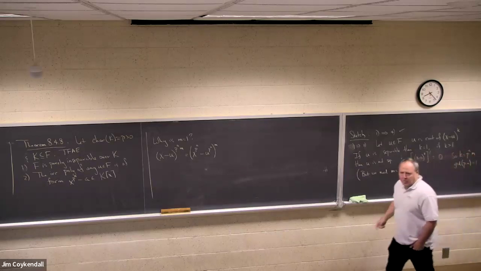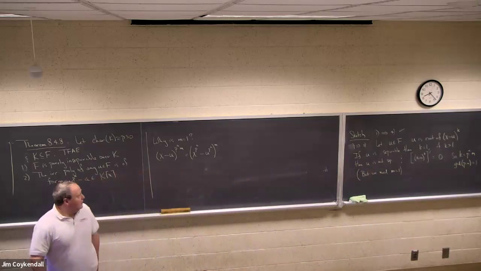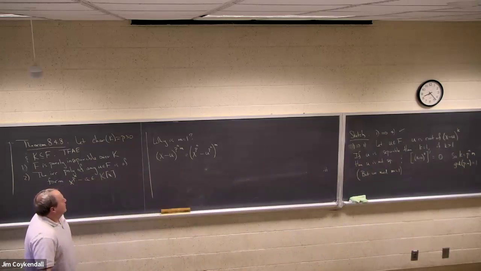Right. So pull all of it out. So what does this mean? u to the P to the A. But right now that exists in F, so u to the P to the A belongs to K.